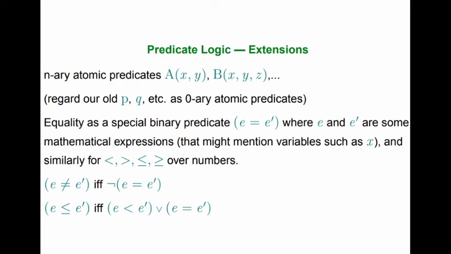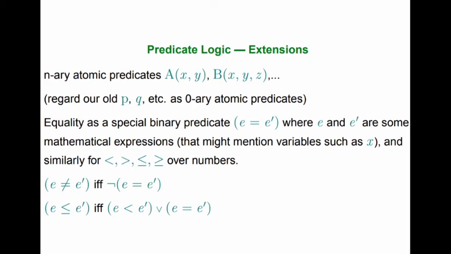There are atomic predicates A of x y, B of x y z. Regard all P and Q as zero-ary atomic predicates.